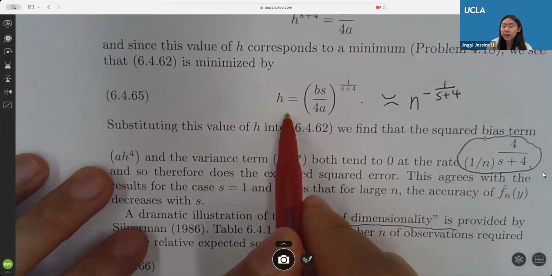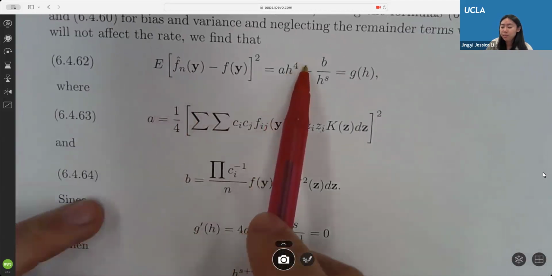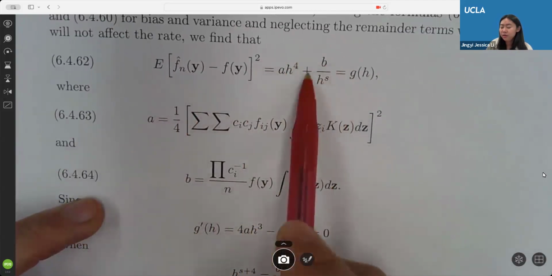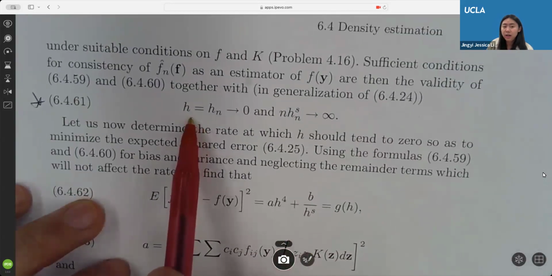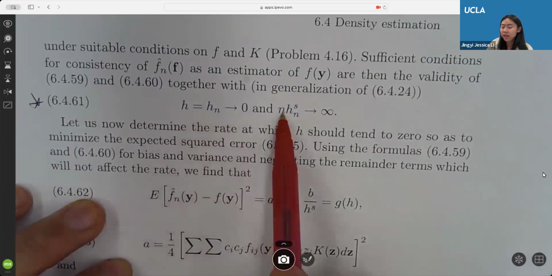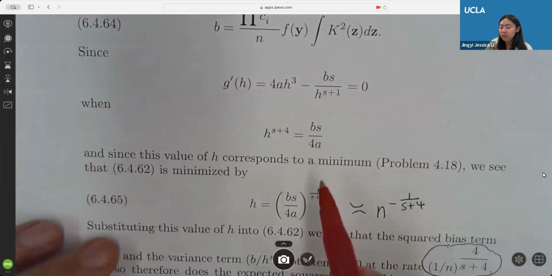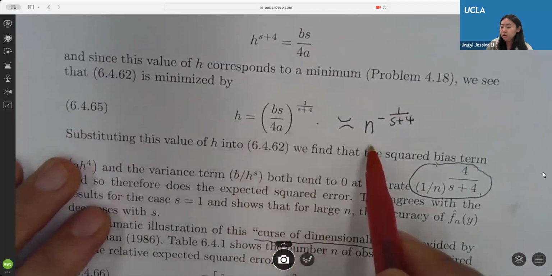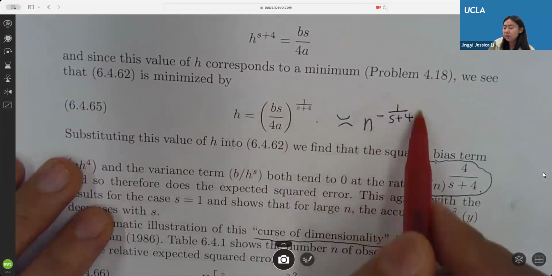So again, we use mean squared error equals bias squared plus variance, and we want to minimize this. You need h to go down to 0, and you need n times h to the power s to go to infinity. So the optimal h should be of this order, which translates to n, because the bias involves 1 over n. So this is the result.